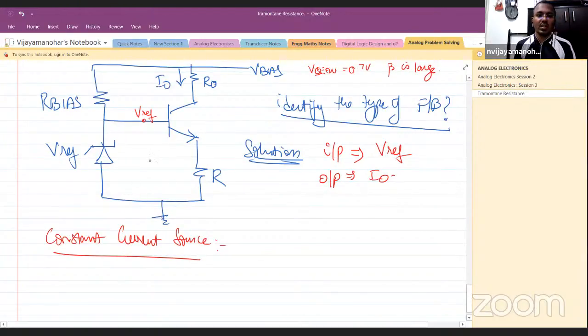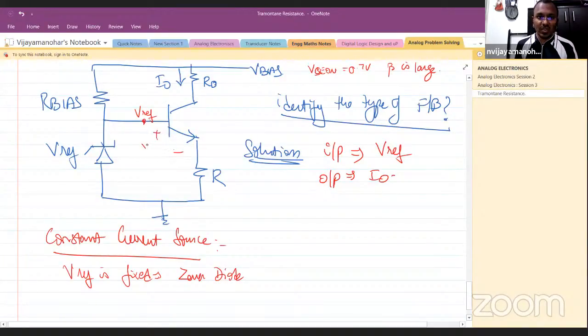Now what can I say? This is V reference, so this is fixed. Vref is fixed. Why? Because of the Zener diode. The Zener diode acts as a voltage reference and it fixes this voltage.